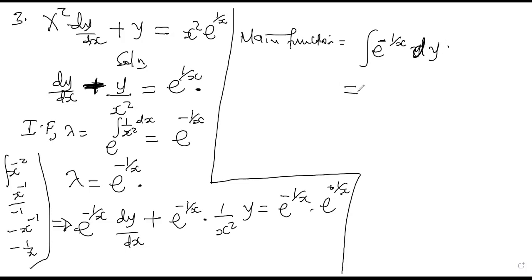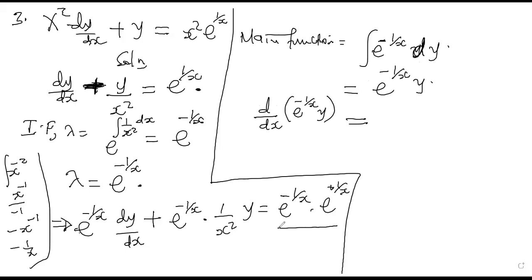So it is going to be equal to e power negative 1 over x, then y. Now, the derivative of the main function, d dx of e power negative 1 over x y, is equal to the right-hand side. Which right-hand side is it?